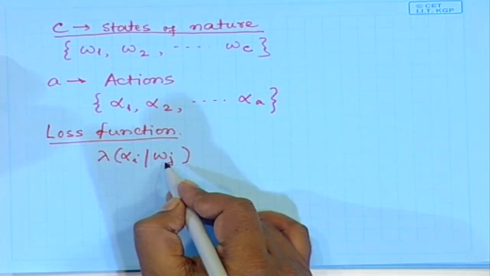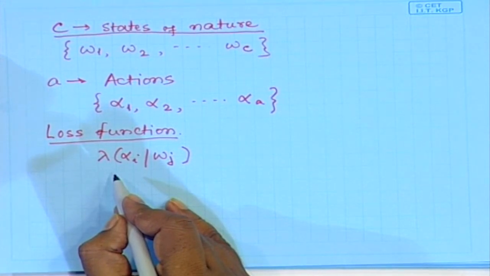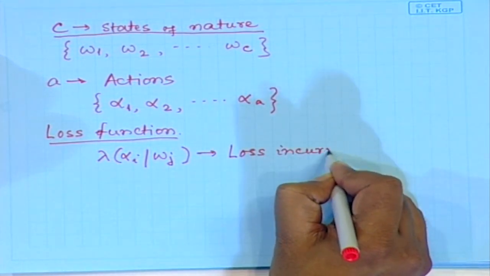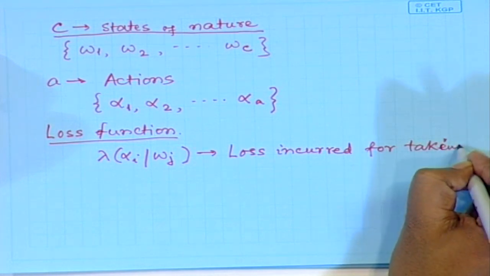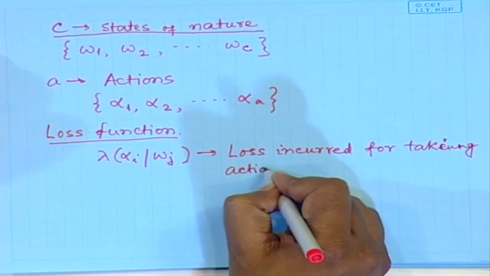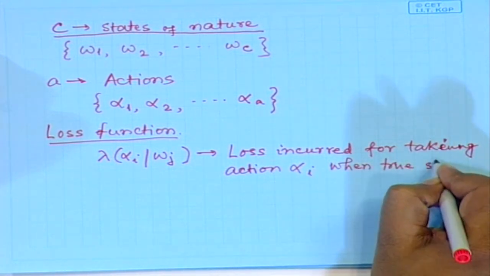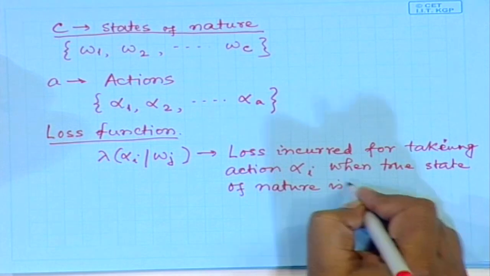This means that if the actual state of nature is omega j, whereas we take an action alpha i, then the loss incurred for taking action alpha i when the true state of nature is omega j is lambda of alpha i given omega j.